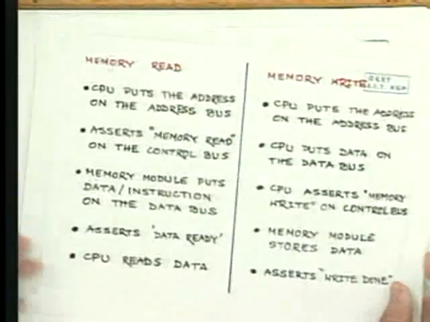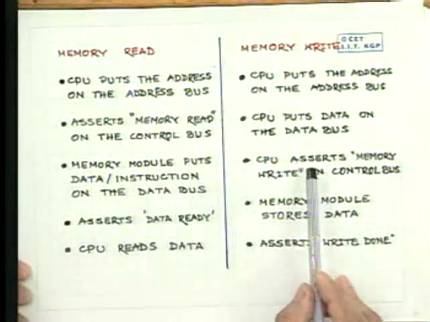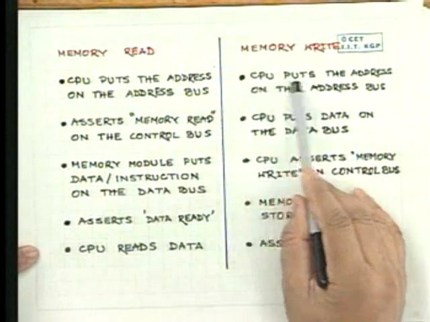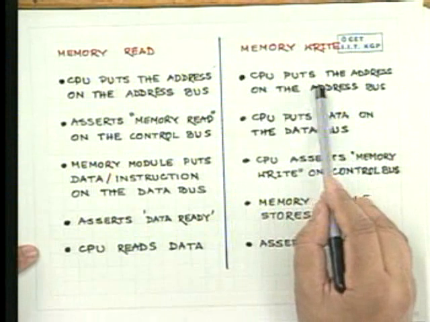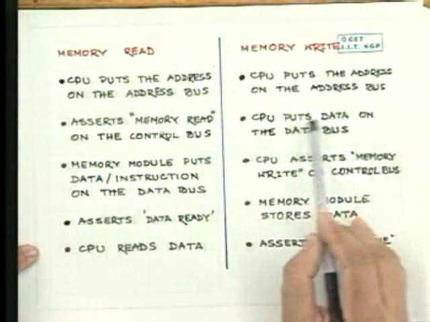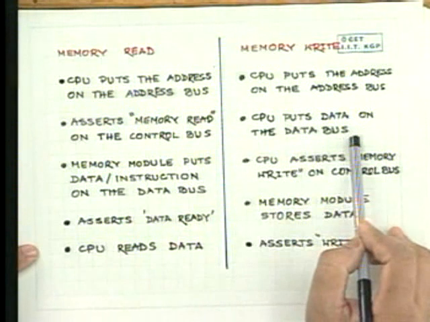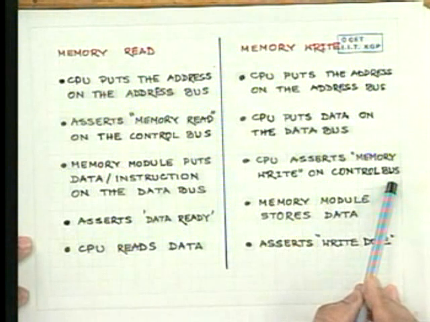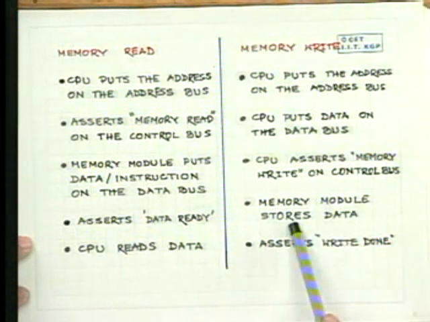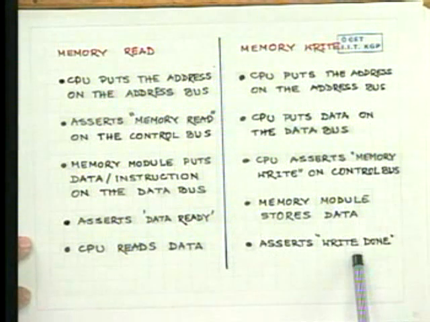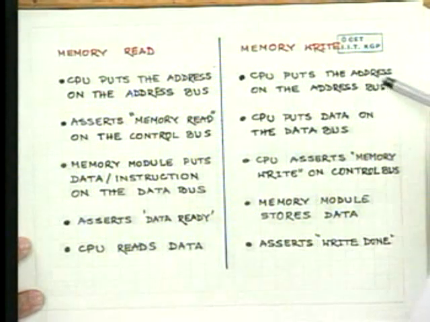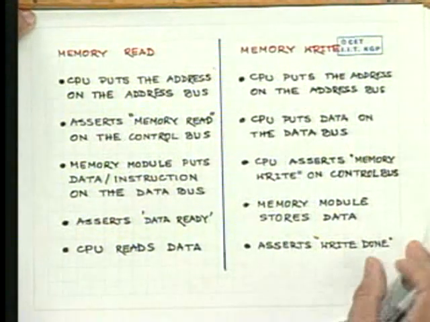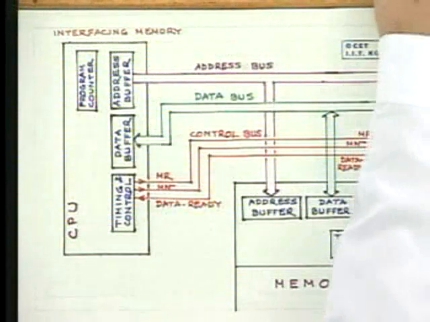Naturally, in the case of a memory write, whether it may be writing something into some memory location, the CPU will put the address on the address bus, the CPU then puts the data on the data bus, then the CPU asserts memory write on the control bus, the memory module stores the data and asserts write done. Once more, it's a handshaking, the protocol that the system follows.